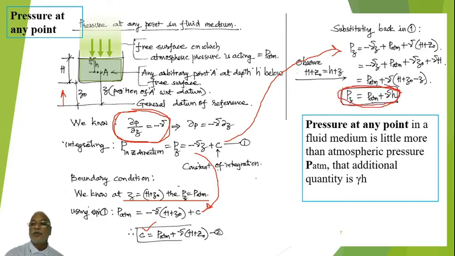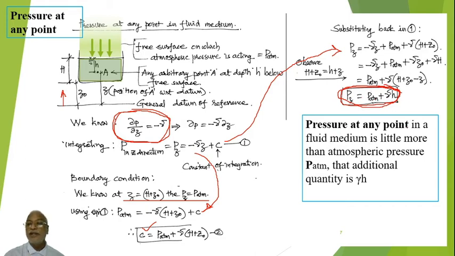The first most important equation that you have learned in fluid mechanics, I would say, is the pressure at any point in the Z direction: P is equal to P atmospheric plus gamma into h.